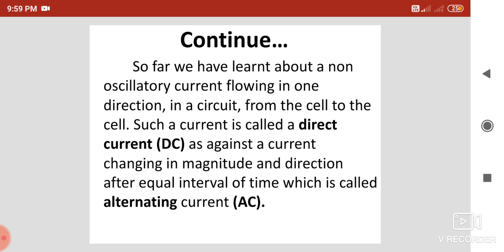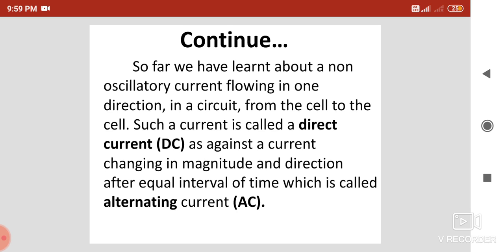From the battery the current is passed and the bulb starts glowing. The current that we get from this battery is a direct current. In direct current, the positive and negative poles cannot be changed.